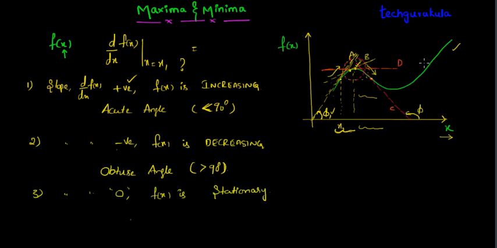Now if you see the other case, suppose we look at this particular section of the curve, the slope is negative in this region and it becomes positive here because the curve is increasing in value with respect to x.